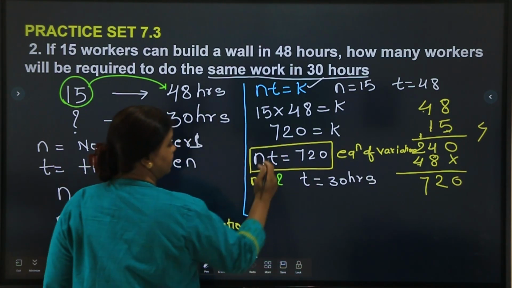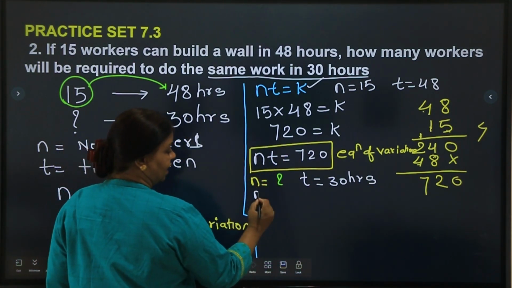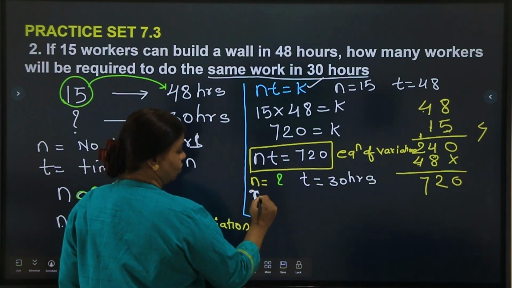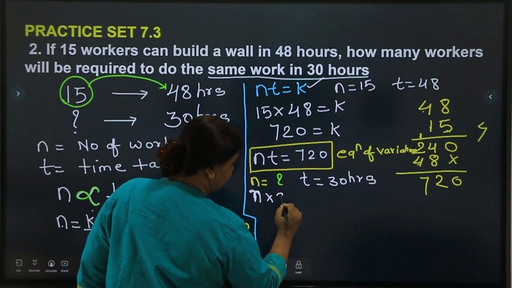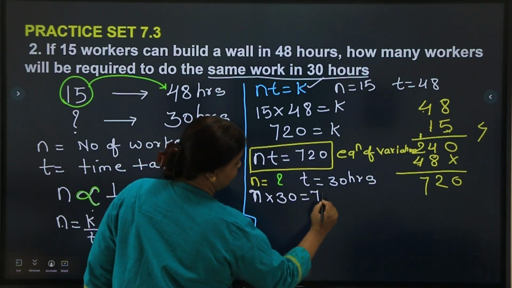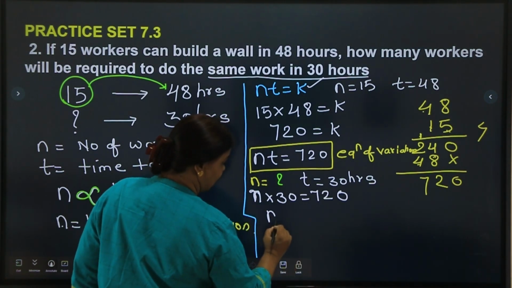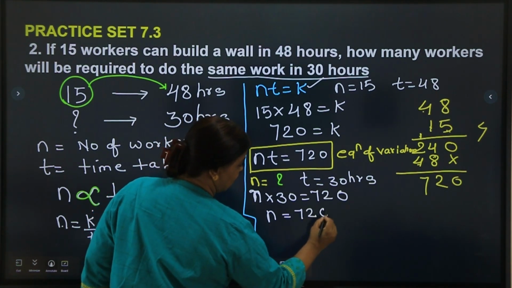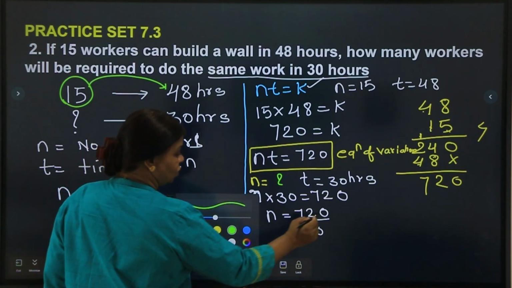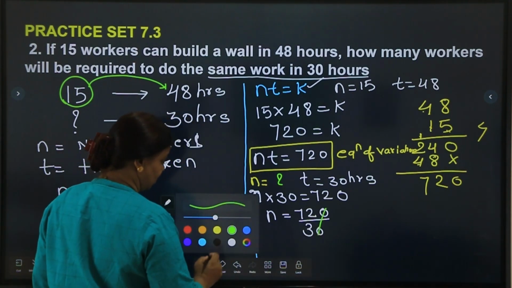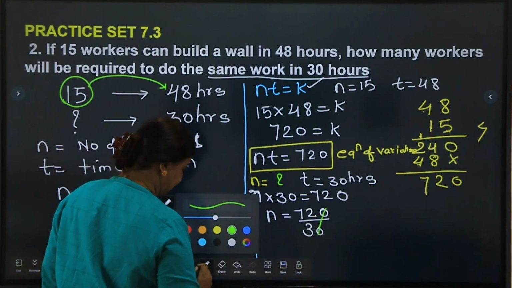So let us write this equation. N into T is how much? N into T, 30, is equal to 720. So N is equal to 720 upon 30. Then 0 0 get cancelled and divide 72 by 3.